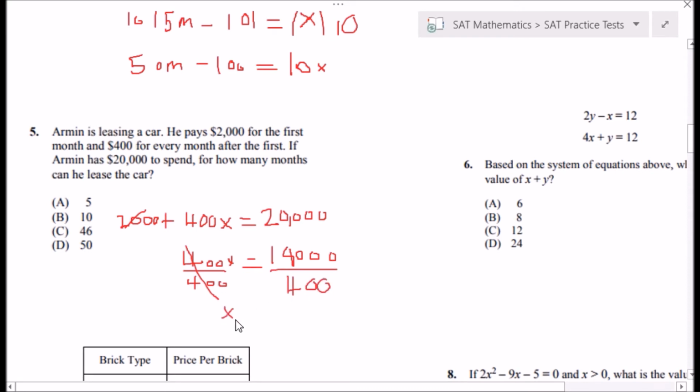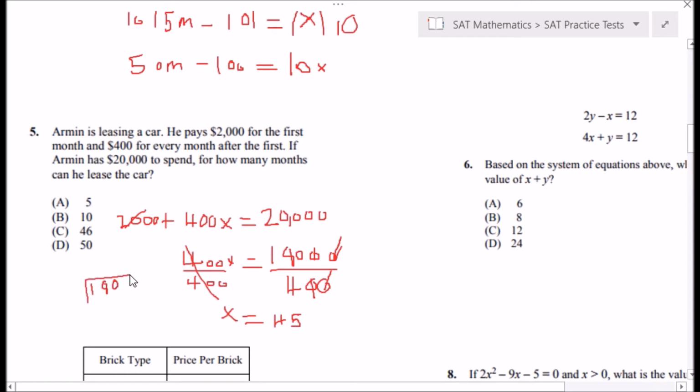So x is equal to, basically just cancel these zeros, and we're left with 180 over 4. And I know that that is 45. I use mental math to get that, but if you wanted to solve it out, you could always do so.